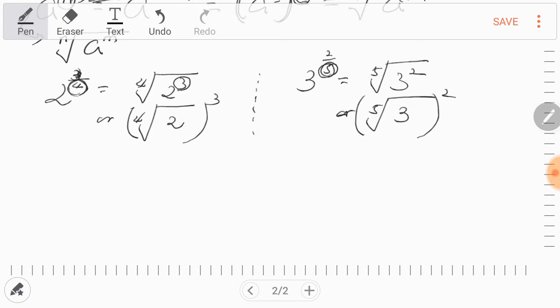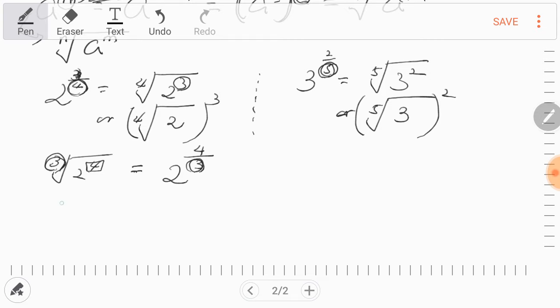Okay, what if we write something like the cube root of 2 to the 4th power? Then we can write this radical in an exponential form. 3 is the denominator of the exponent, so 2 to the 4 over 3, because 3 is the index, and the index goes to the denominator of the exponent.